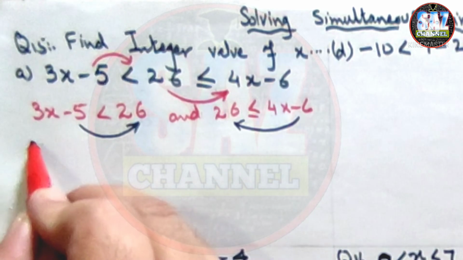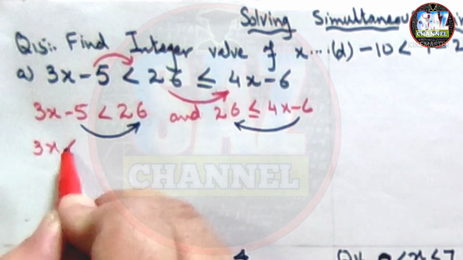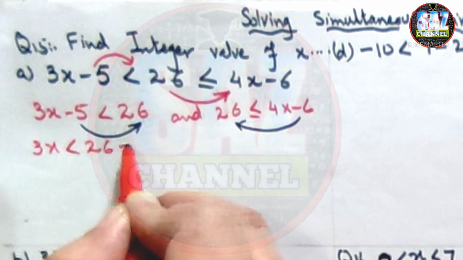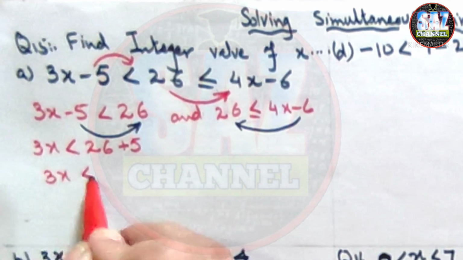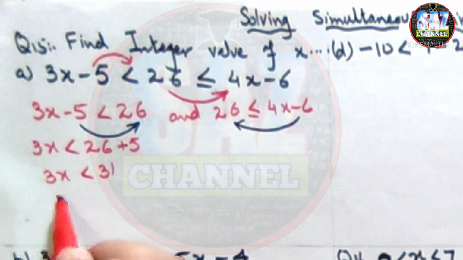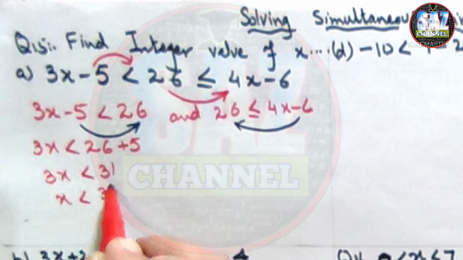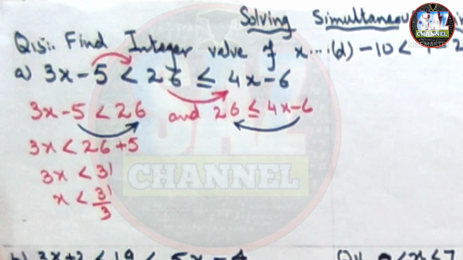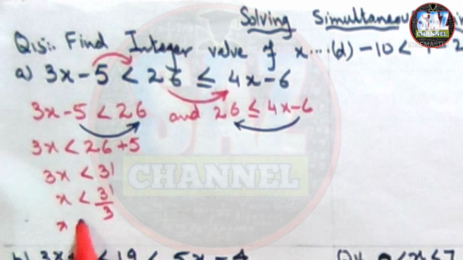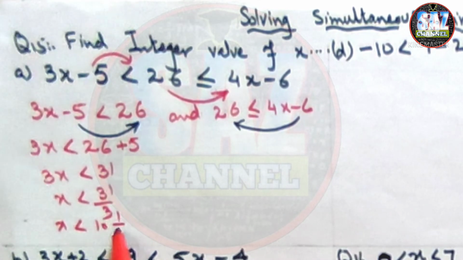So it will take the form 3x is less than 26 plus 5, 3x is less than 31 and x is less than 31 by 3, and 31 by 3 can be written as x is less than 10 whole 1 by 3.